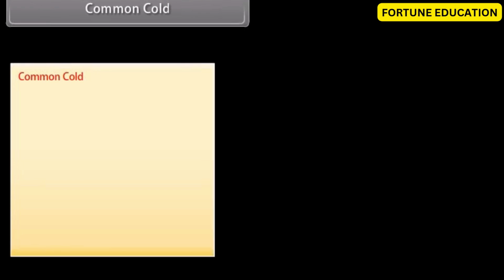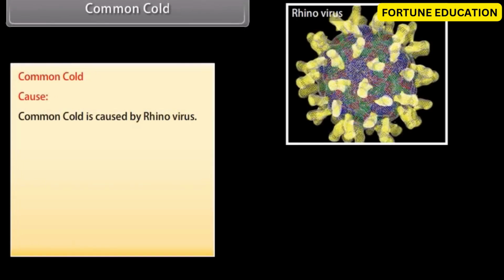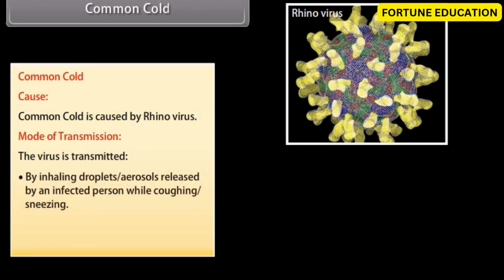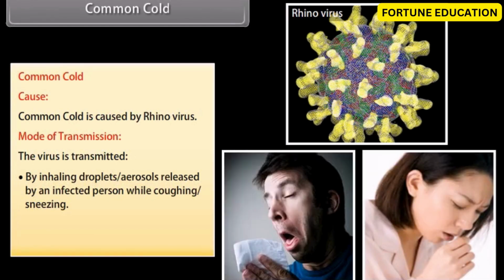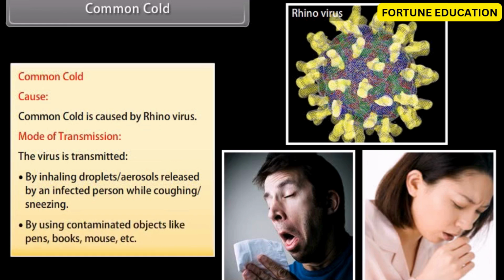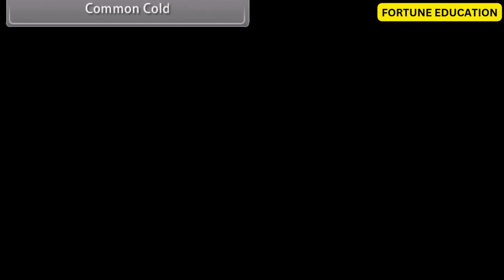Common cold. Cause. Common cold is caused by rhinovirus. Mode of transmission. The virus is transmitted by inhaling droplets, aerosols released by an infected person while coughing, sneezing. By using contaminated objects like pens, books, mouse, etc. Mechanism of action.